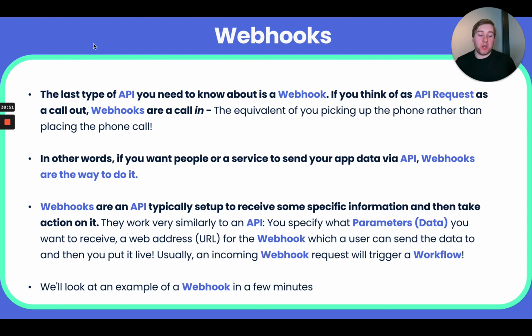It's a way for you to listen to receive data about something. For example, if you were using Stripe, then typically Stripe will let your accountancy software know that you've received a payment by using a webhook.